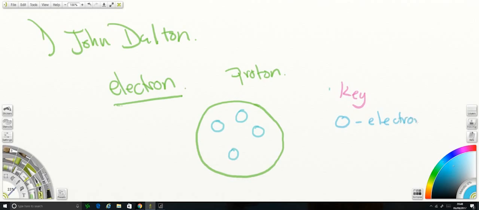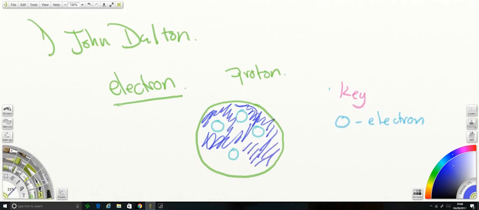So that's my electrons, and here surrounding the electron, all around, every single place, is going to be the positive area. So these are the protons.